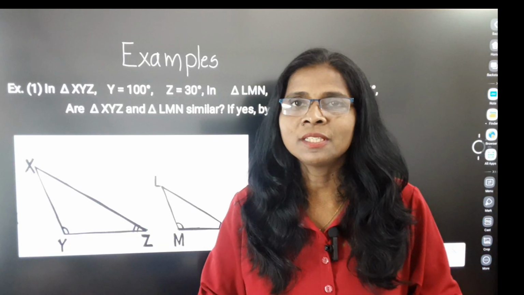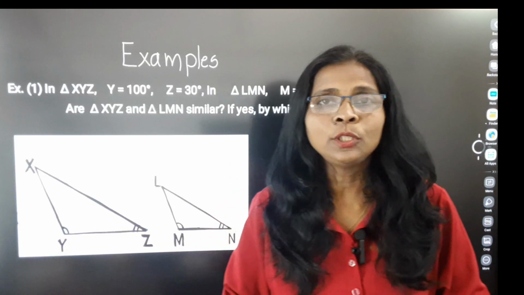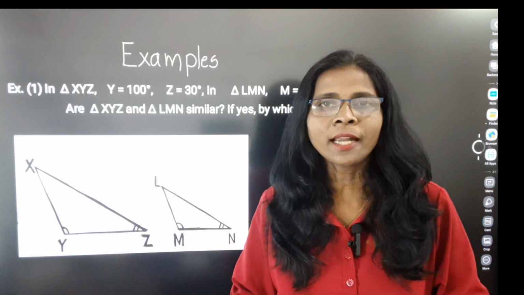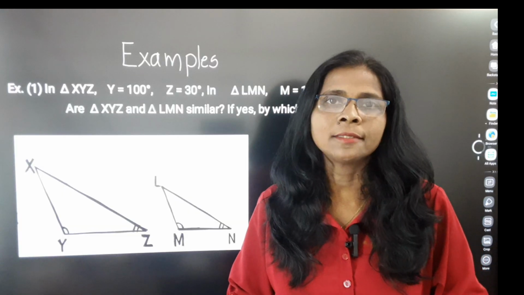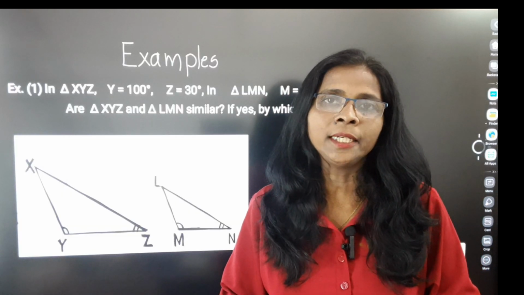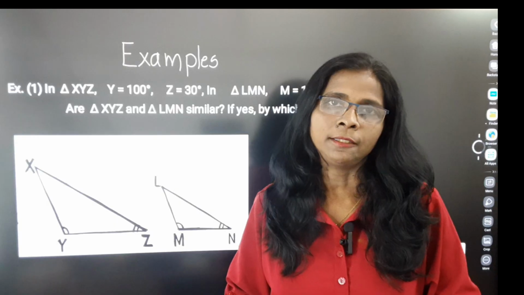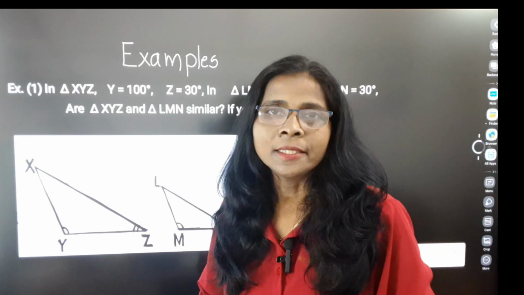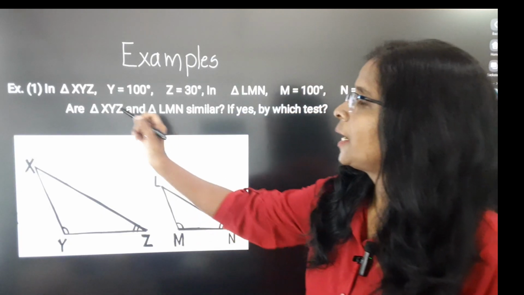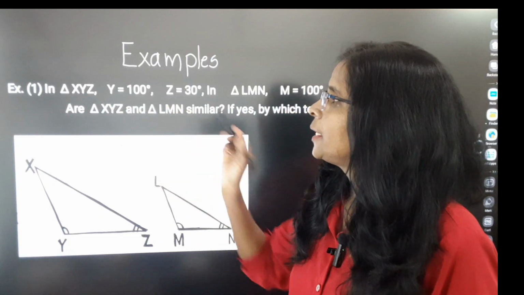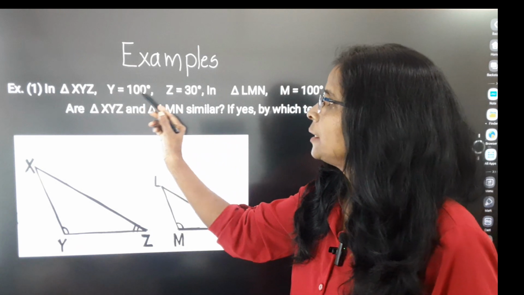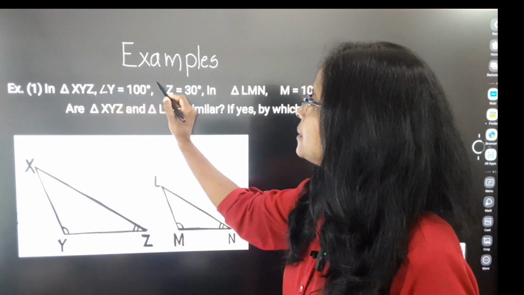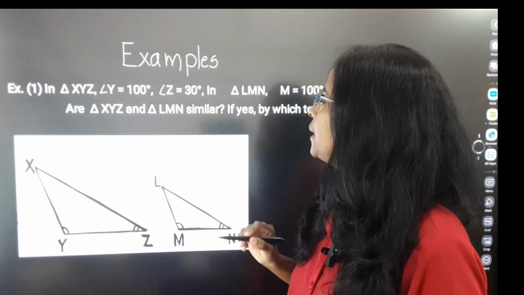Now let us see the examples on the basis of the properties of similar triangles as well as the tests for similarity of triangles. The first example: in triangle XYZ, angle Y is equal to 100 degrees and angle Z is equal to 30 degrees.